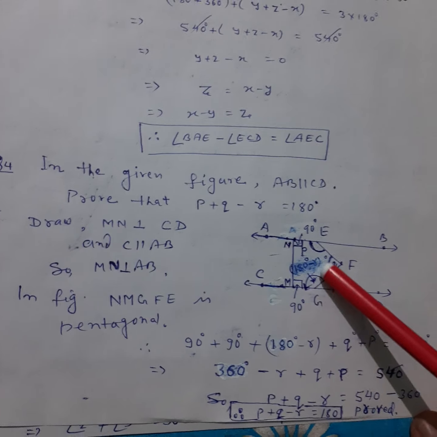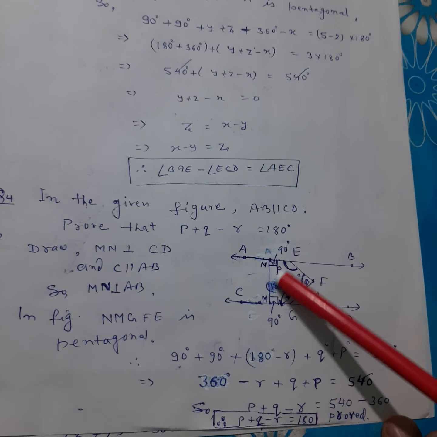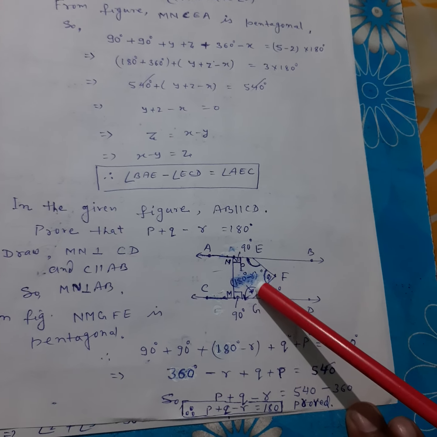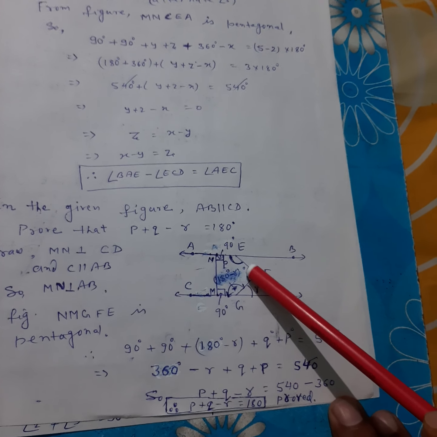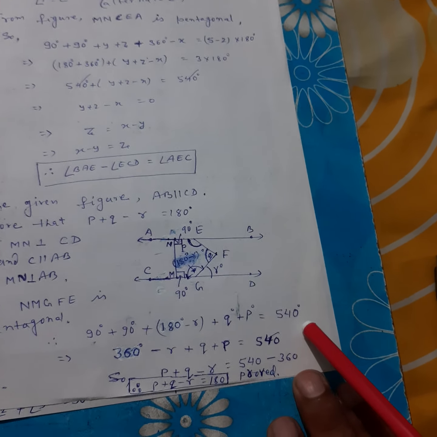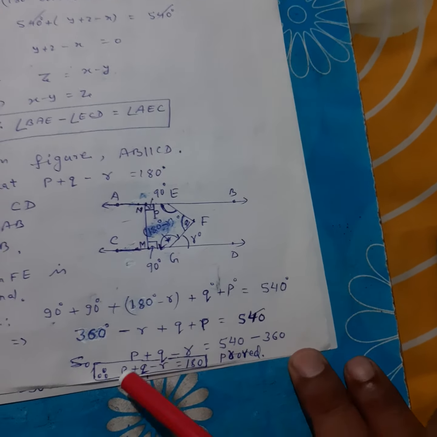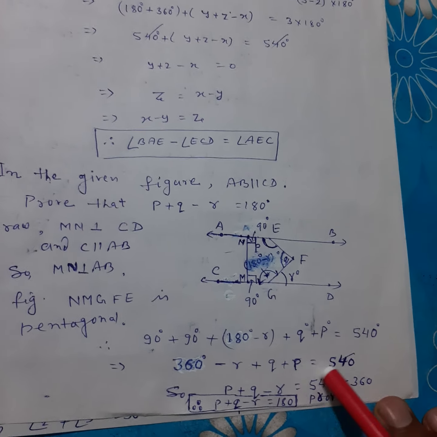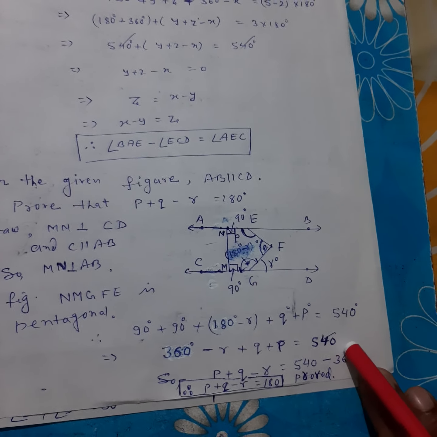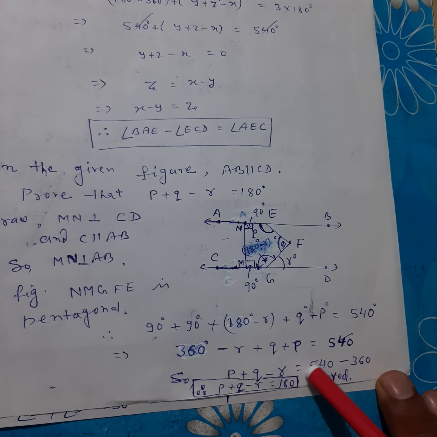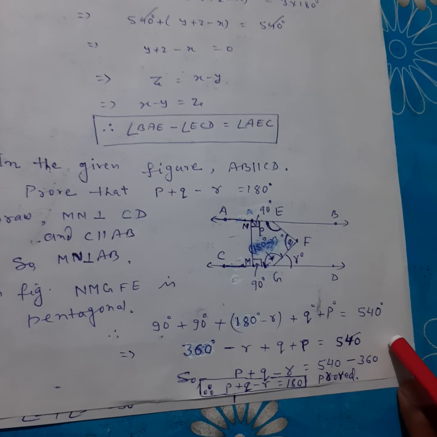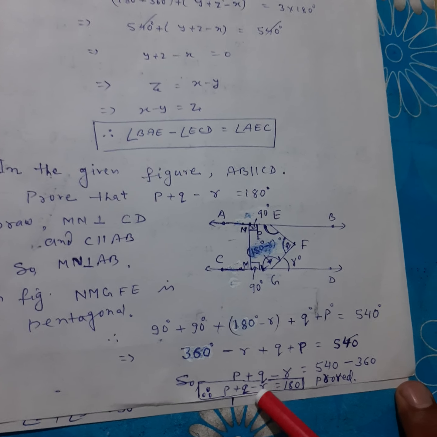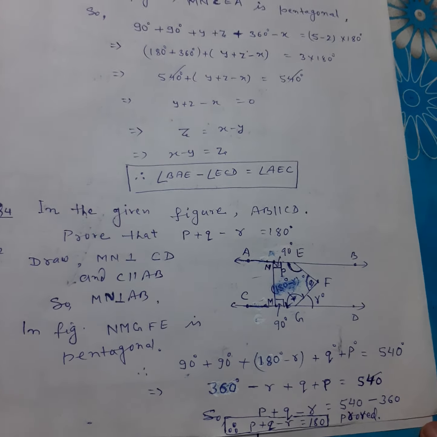So the sum of all 5 angles, that is 90 plus 90, 180 degrees, minus R plus P plus Q equals 540. Or we get 360 minus R plus Q plus P equals 540, or P plus Q minus R equals 540 minus 360. Finally, we can write P plus Q minus R equals 180.